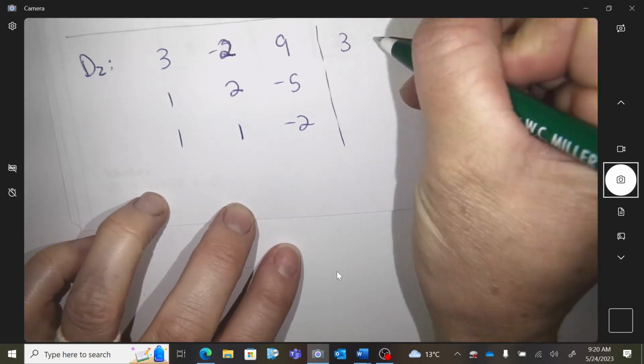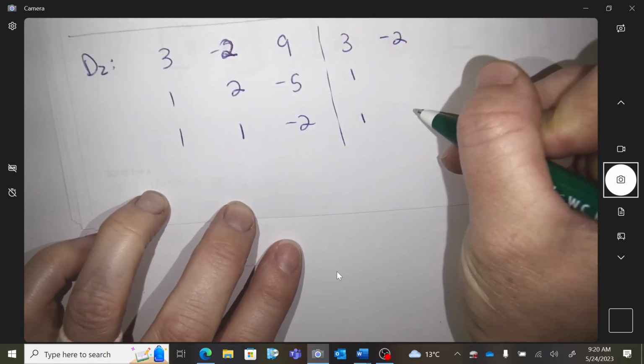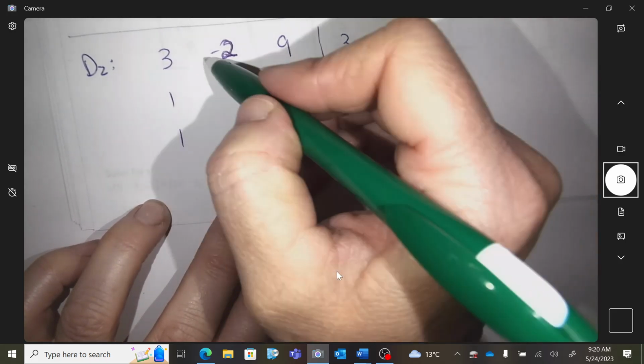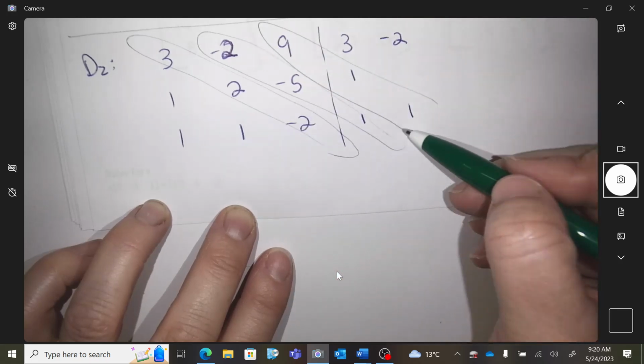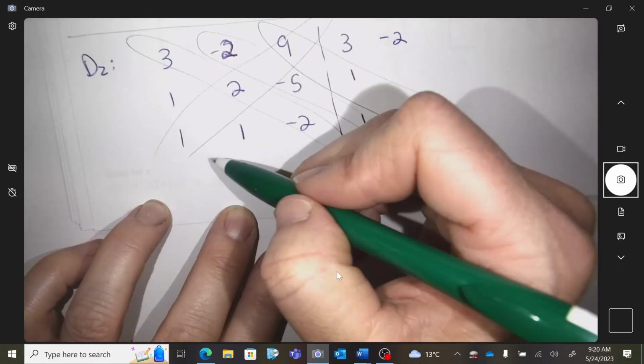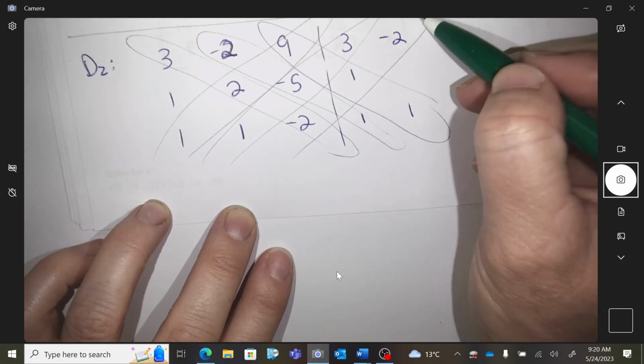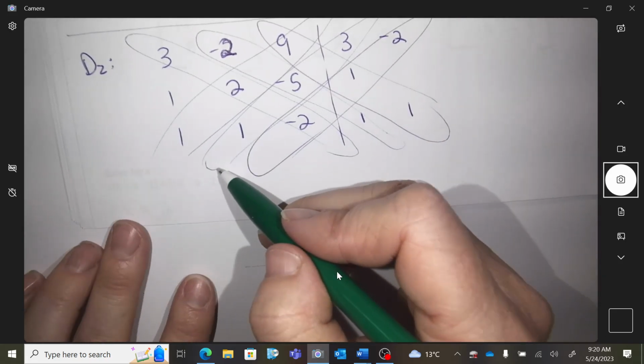Okay, do your repeats. Find your 3 connectors. And then I'll let you get your numbers on your own.